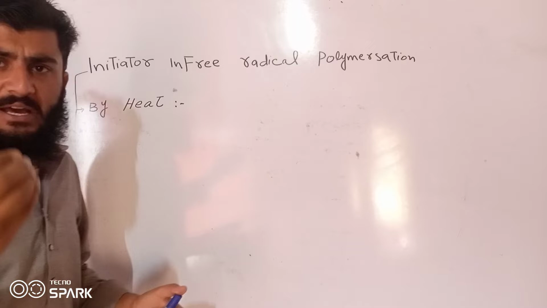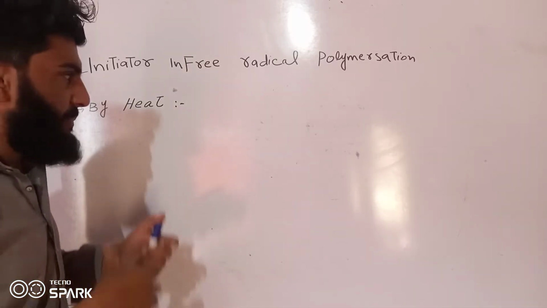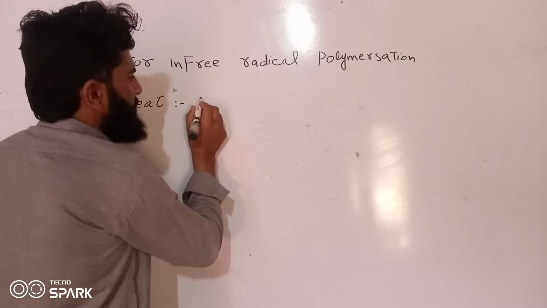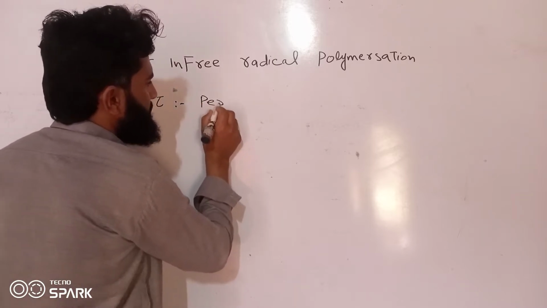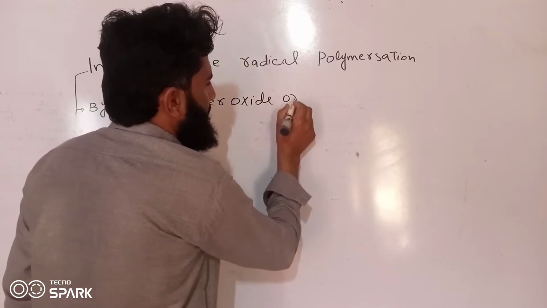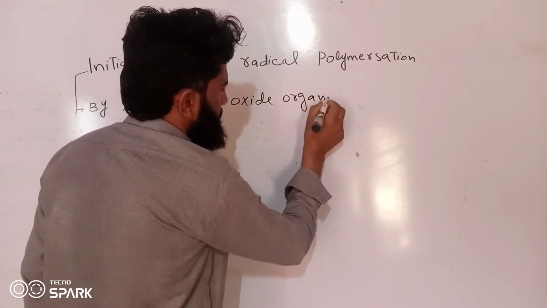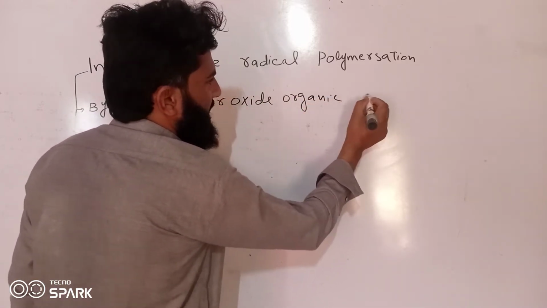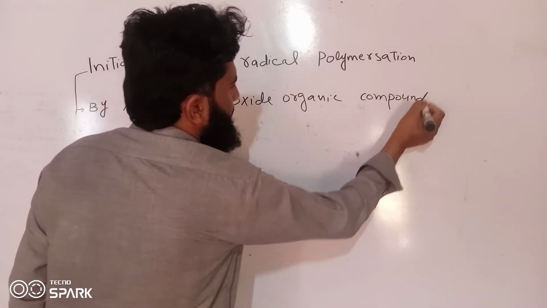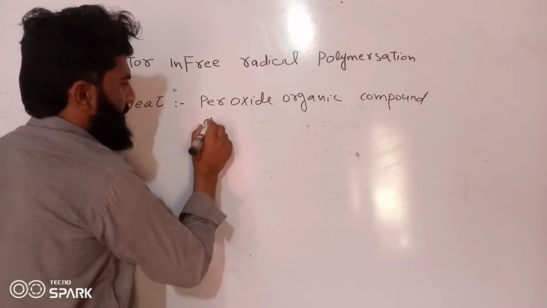We can use different types of compounds from which we produce initiator by using heat, and those are peroxide organic compounds and some azo compounds.